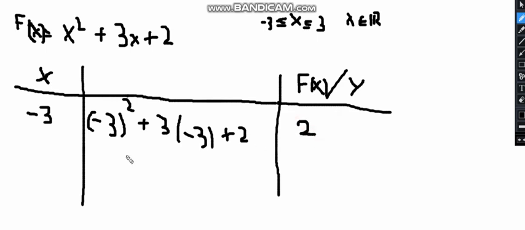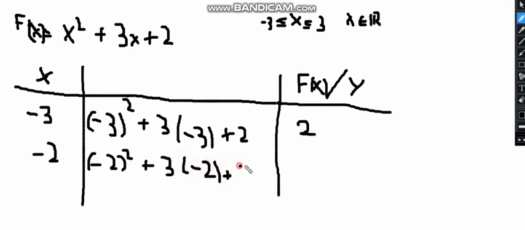Okay. Then -2 is going to be -2 squared, plus 3 times -2, plus 2, and that's going to be, so -2 squared is 4, 3 times -2 is -6, so that's 4 minus 6, which is -2, and then -2 plus 2 is 0.